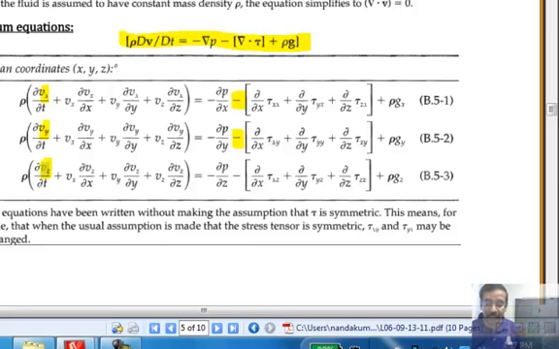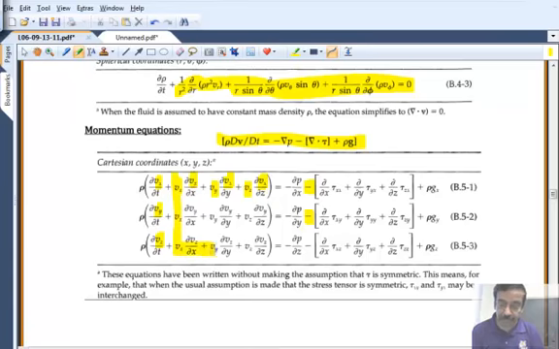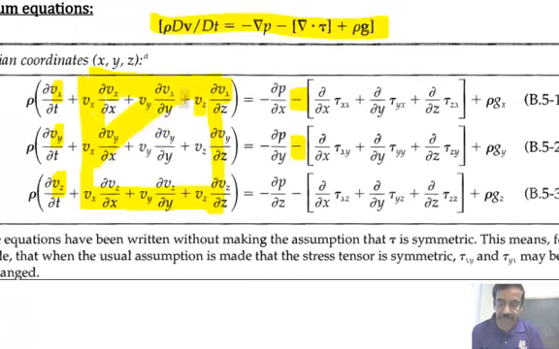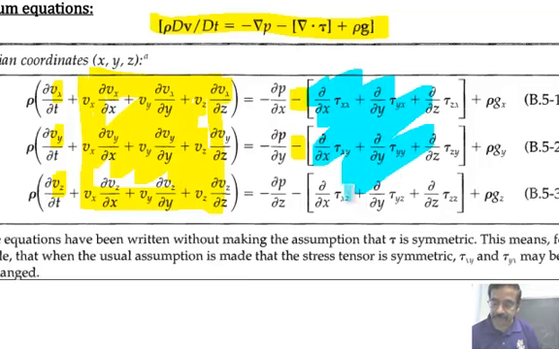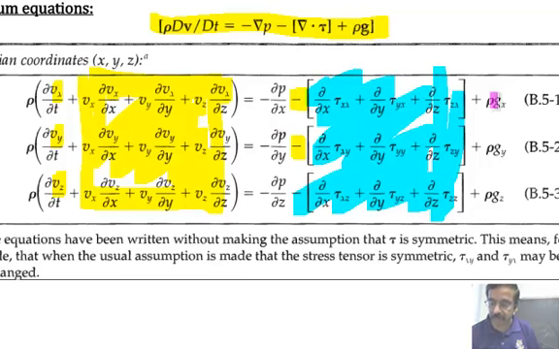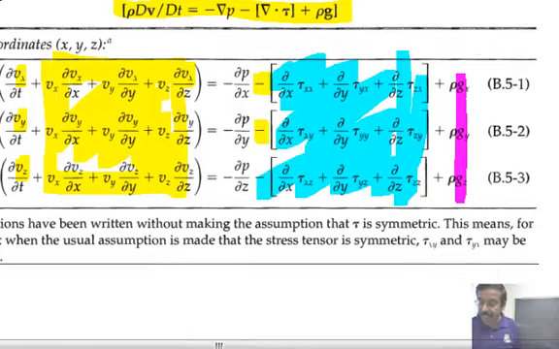You can see that clearly multiplication of Vy, Vy, these are the nonlinear terms, the inertial terms. All these terms are called the inertial terms. Okay? And these are the viscous terms. And of course you have the gravitational term here. Okay, so you should be able to use these expanded in any coordinate system.